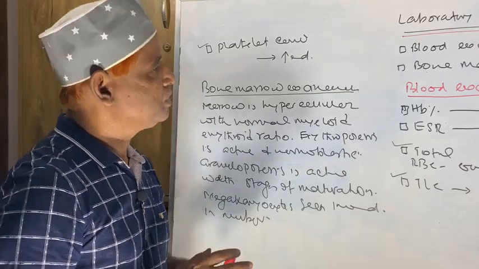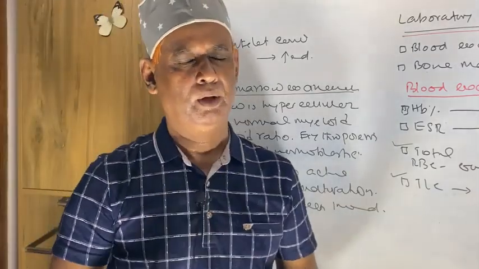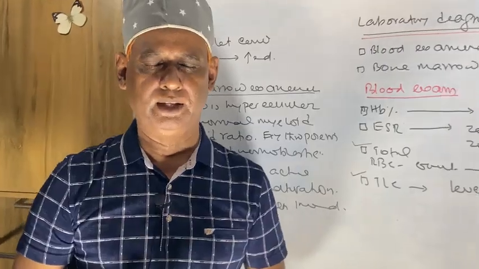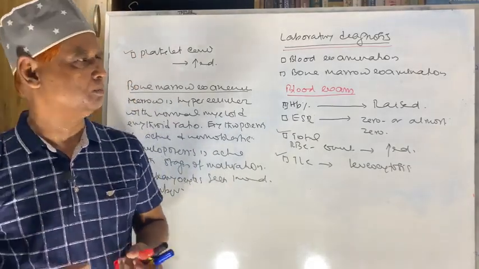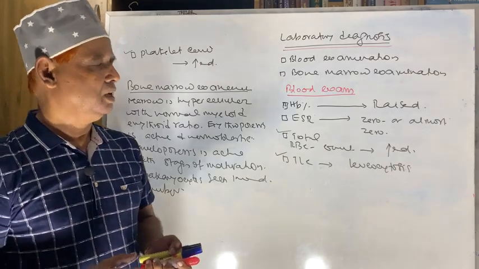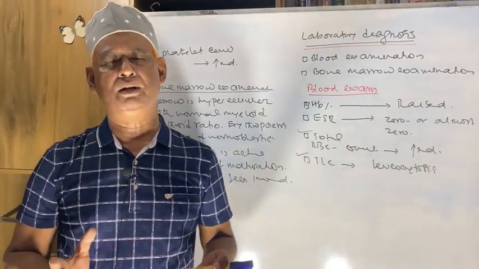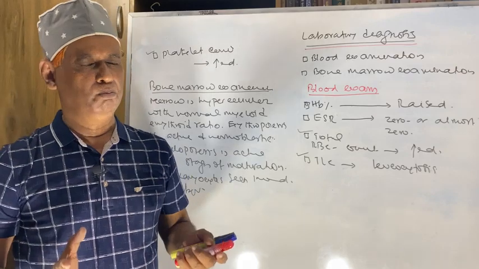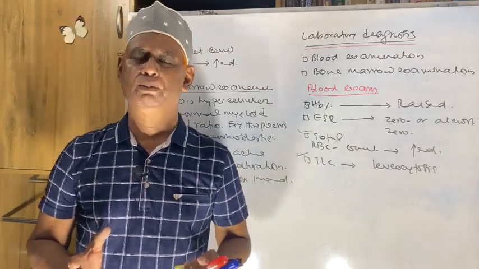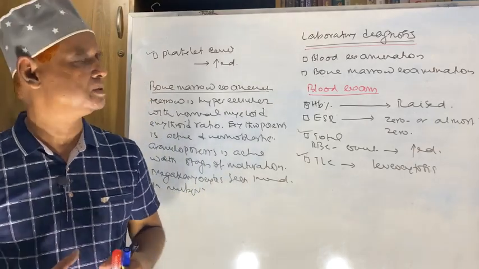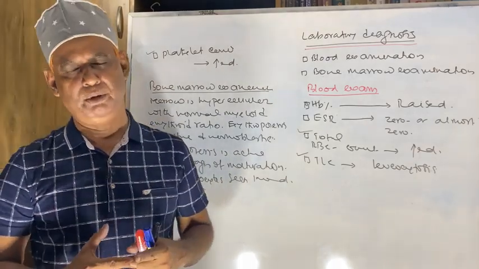Respected audience, today I have told you myeloproliferative disorder. Disorders result from uncontrolled proliferation of progenitor cells, and progenitor cell is nothing but stem cell. Both progenitor cell and stem cells are associated with production of specific cells, but there is difference between these two.